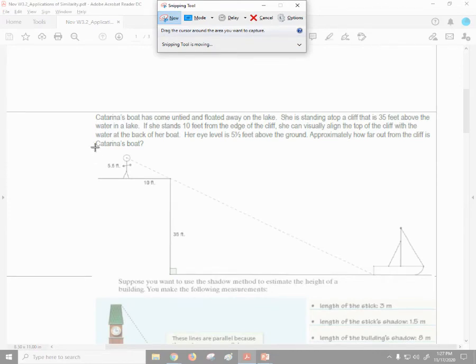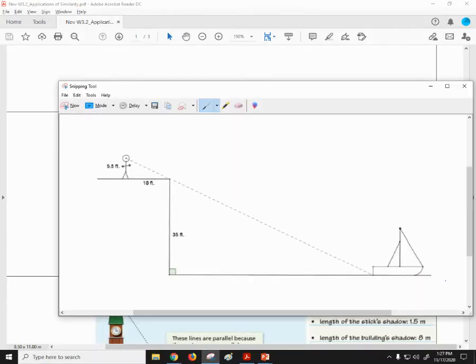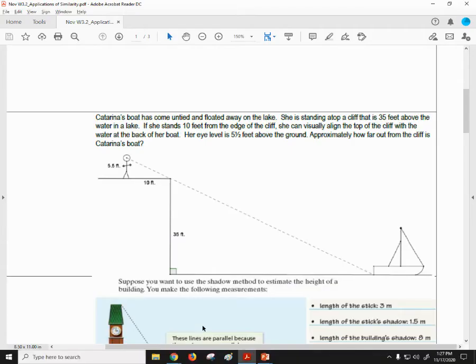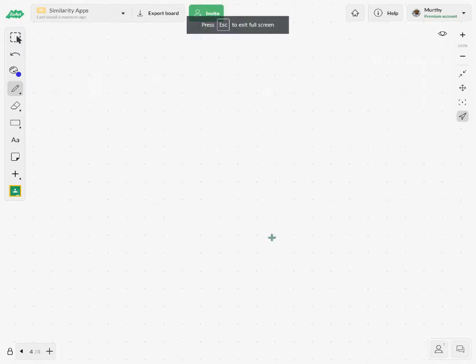There is a story, but instead of the story, let me copy the diagram. This is giving us a clear-cut idea what to do. So let me quickly jump to the whiteboard.